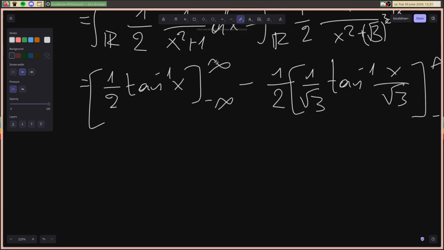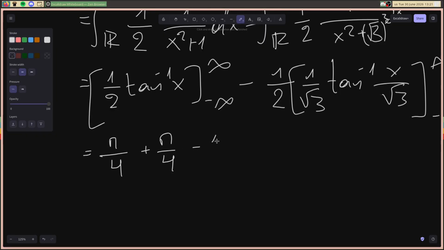So finally, at infinity, this evaluates to pi over 4. At negative infinity, it evaluates to negative pi over 4, times the negative because it's the lower bound, so this will be a plus pi over 4 again.